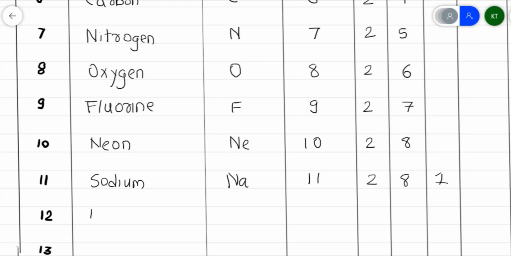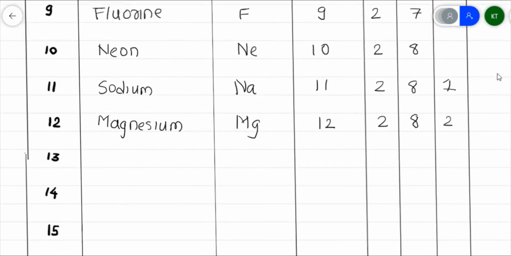Next is another element, magnesium, whose symbol is Mg. The atomic number is 12. In the electronic configuration, the first shell can have 2 electrons, the second 8, so 2 plus 8 is 10, and 12 minus 10 is 2. So in the next shell I will have 2 electrons.